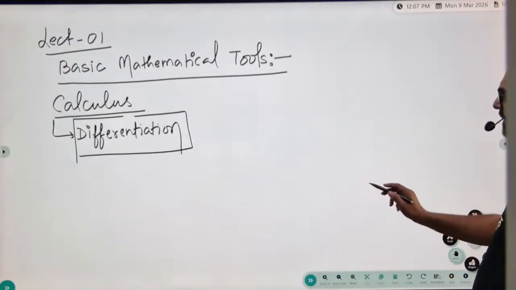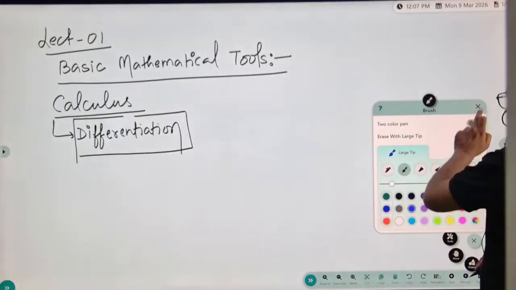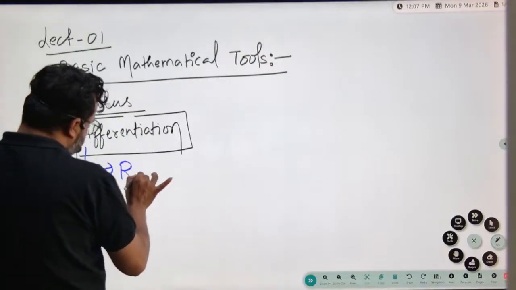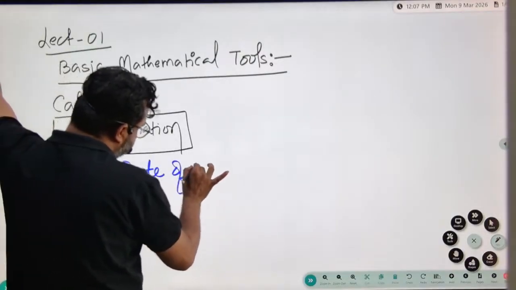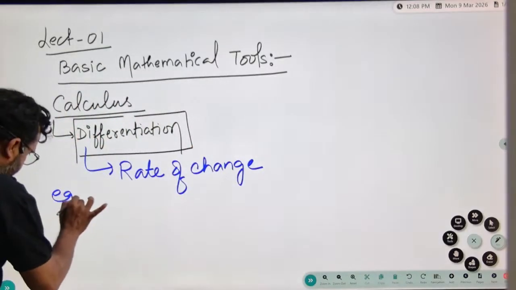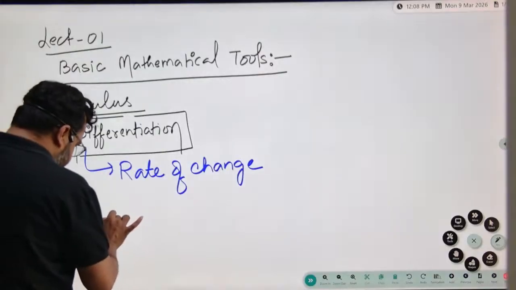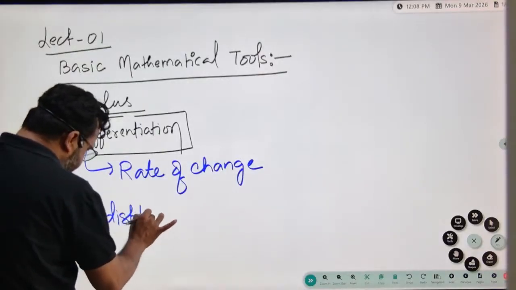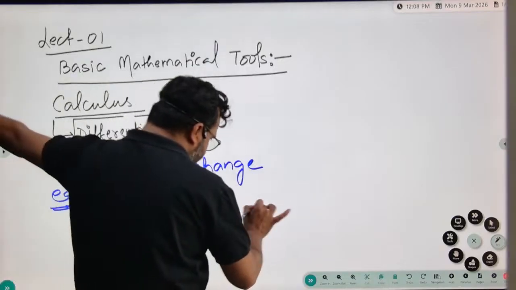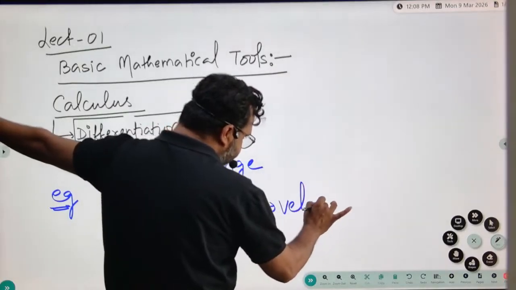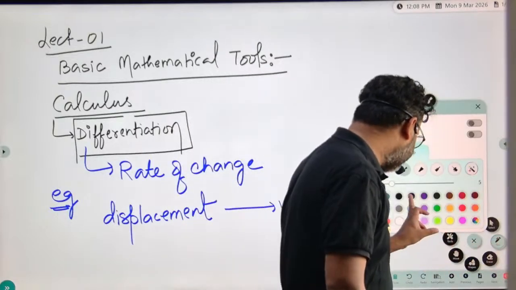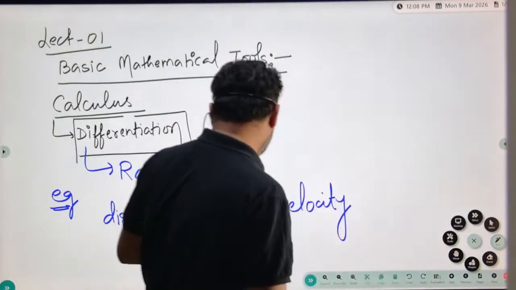Differentiation is basically used to calculate rate of change. Example: whenever displacement is given in the question and they ask us to calculate velocity, we simply differentiate the displacement.